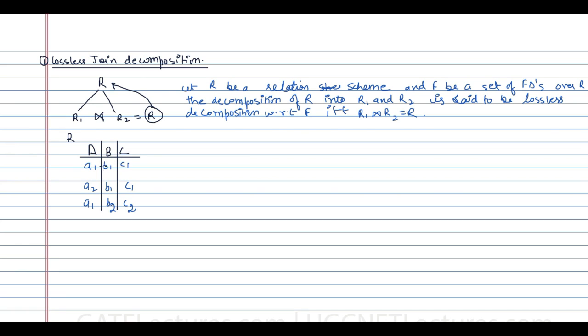Now there are different ways of breaking this relation. What are the ways you can break? The first way, you can take one attribute in one table.